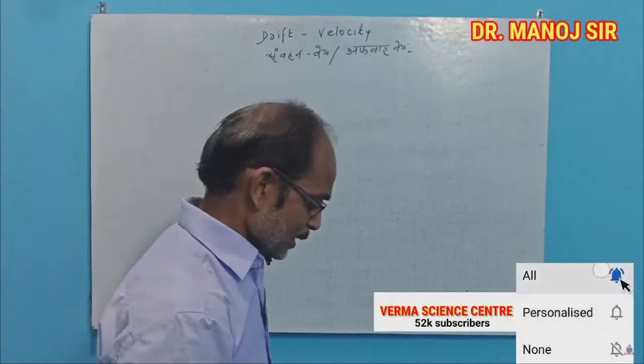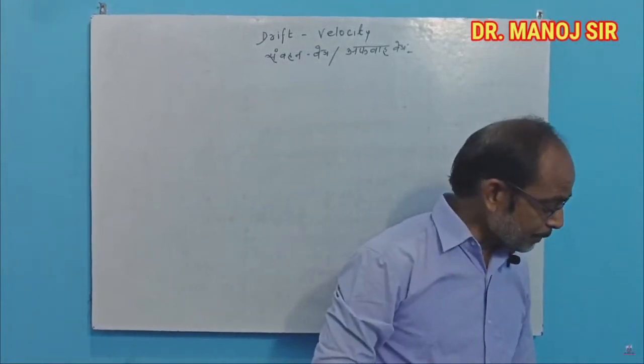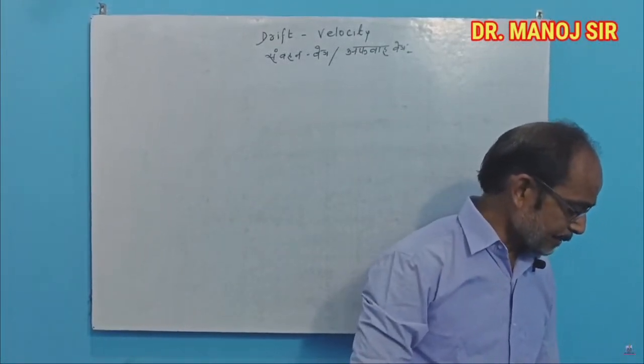Drift velocity is also known as संवहन वेग और अपवाह वेग.